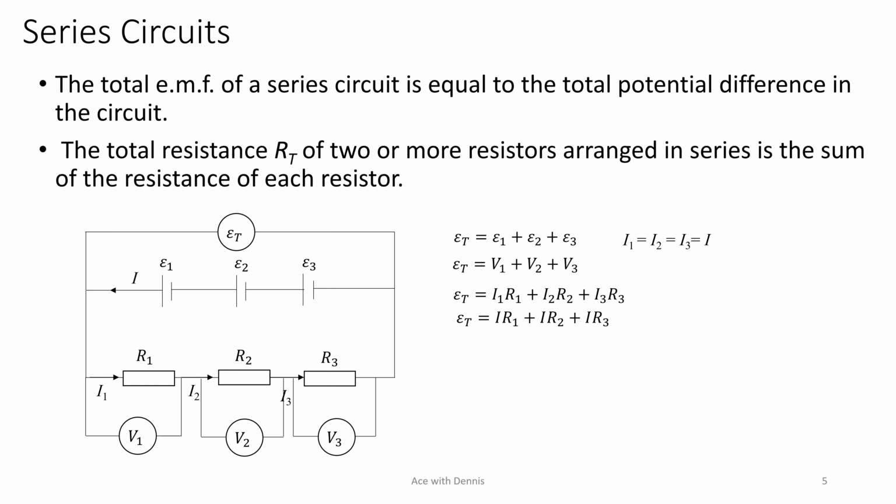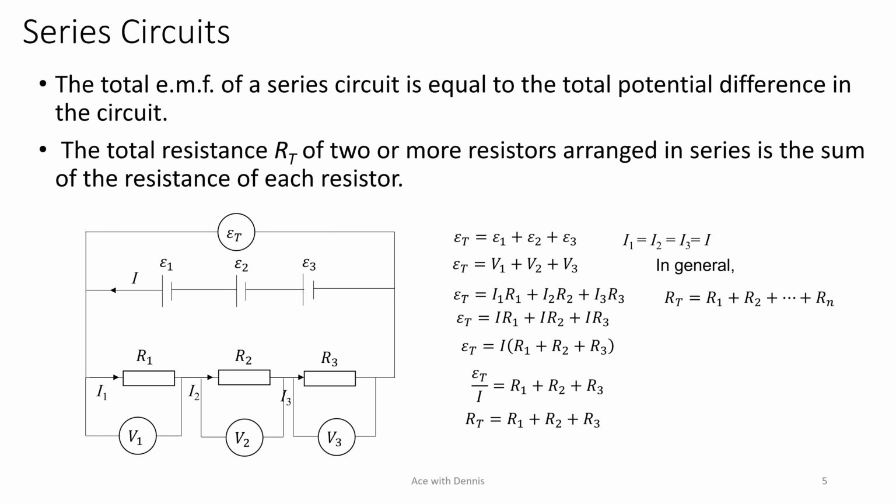Since the currents are the same, it becomes IR1 plus IR2 plus IR3. Then we can factorize the current: I times the bracket R1 plus R2 plus R3. Therefore, R1 plus R2 plus R3 equals total EMF over I. Therefore, R total will be R1 plus R2 plus R3.